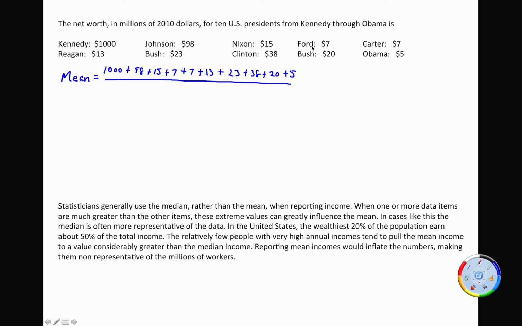And there are 2, 4, 6, 8, 10. Remember, if you're doing this on your calculator, you want to have parentheses around those that you're adding.